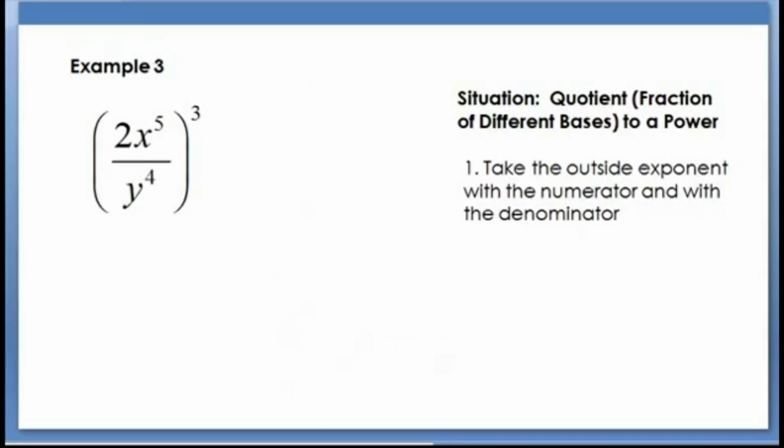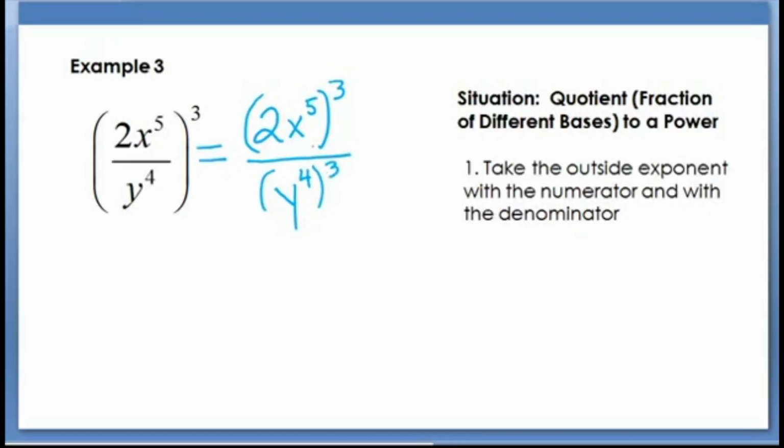For our third example, 2x to the 5th over y to the 4th, the entire fraction to the 3rd power. We will apply the 3 to the numerator and denominator, making 2 problems instead of 1 large problem. And then we'll apply it to the denominator.